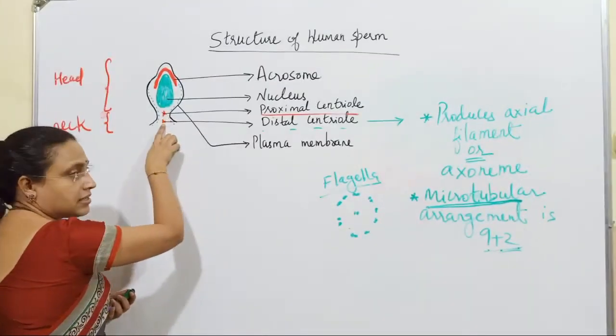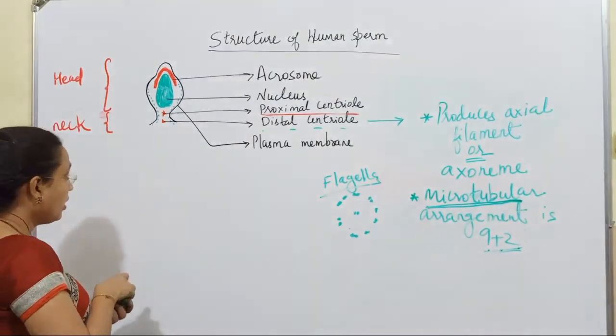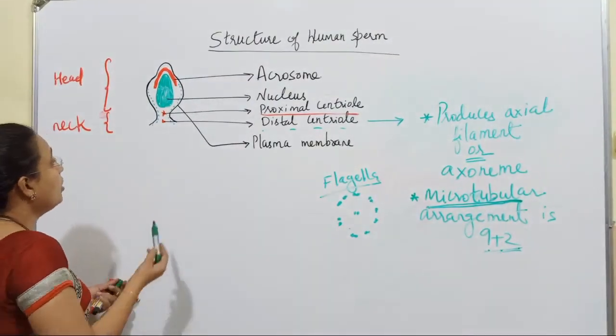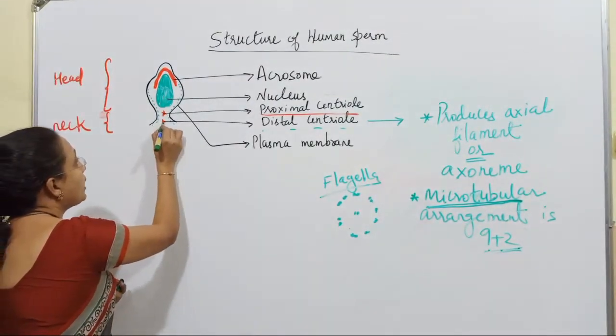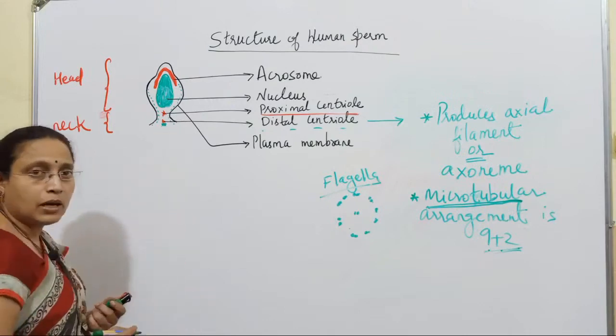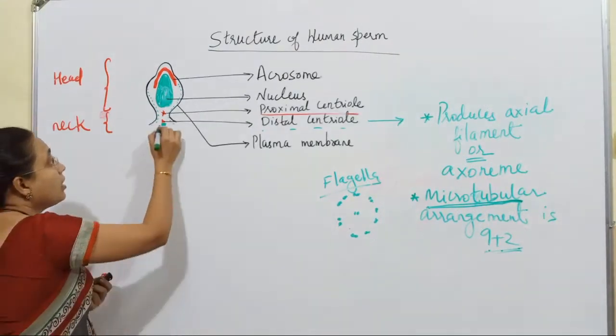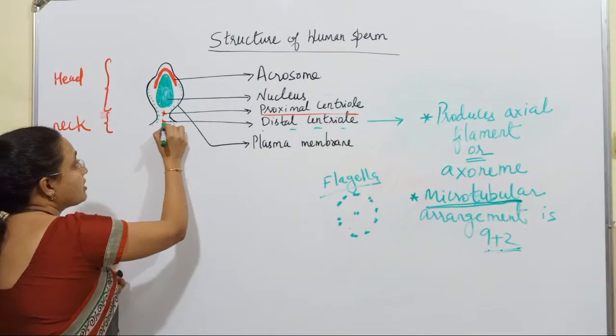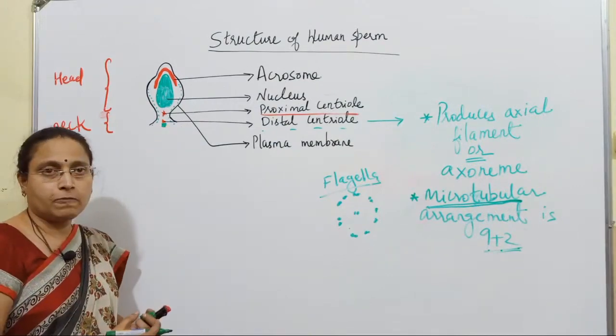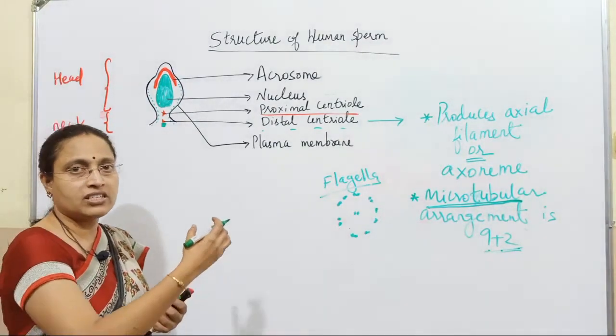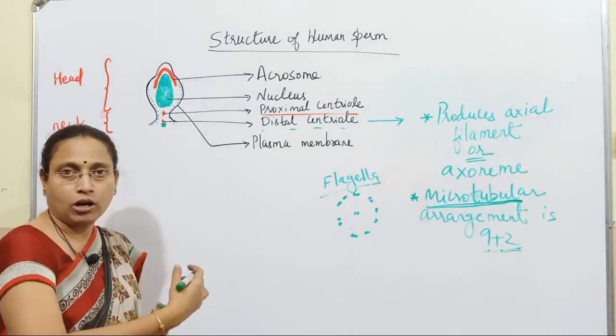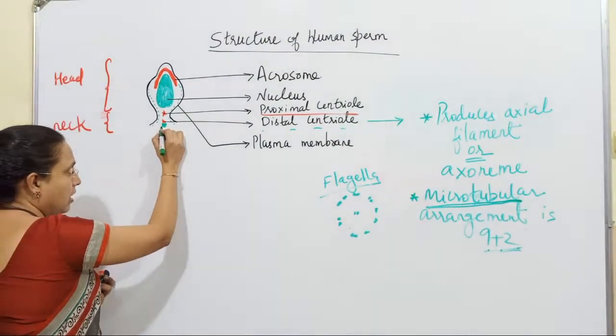This is the distal centriole. The distal centriole will start forming a basal body. From the basal body, which is like a nucleation site, the microtubular structures will start extending or growing. So this is called the basal body.